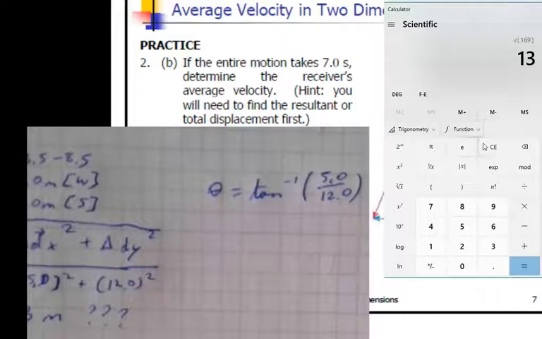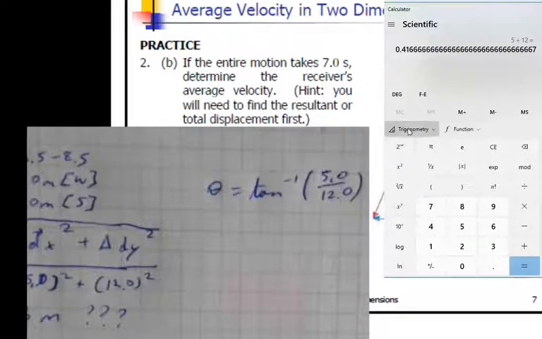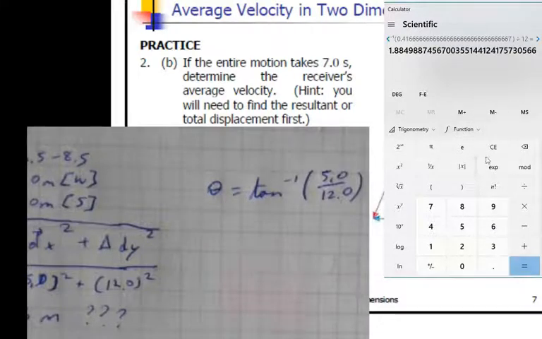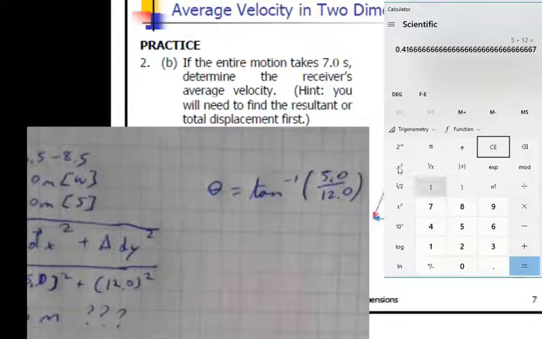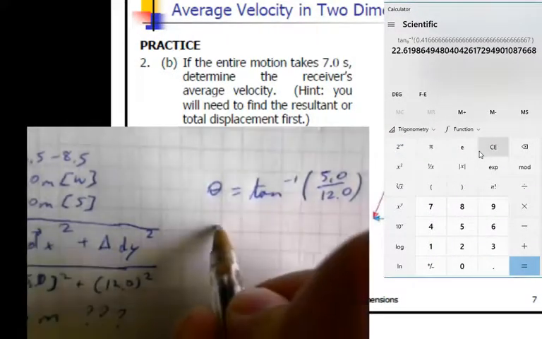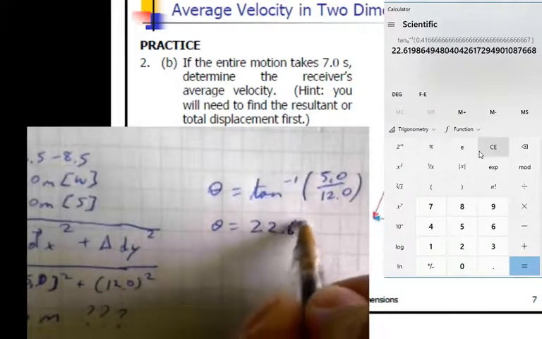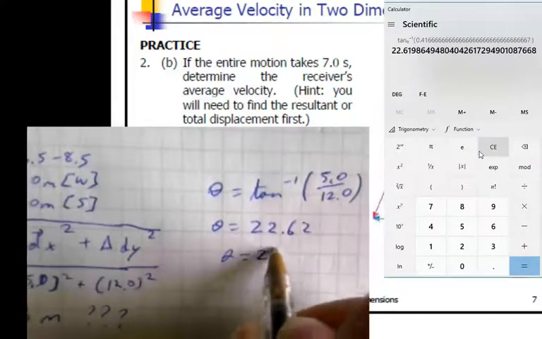On my calculator, 5 divided by 12 is this value here, and the inverse tangent of that, oops, sorry, I had already calculated it. 5 divided by 12, inverse tangent of that is 22.62, or we'll say 23 degrees.